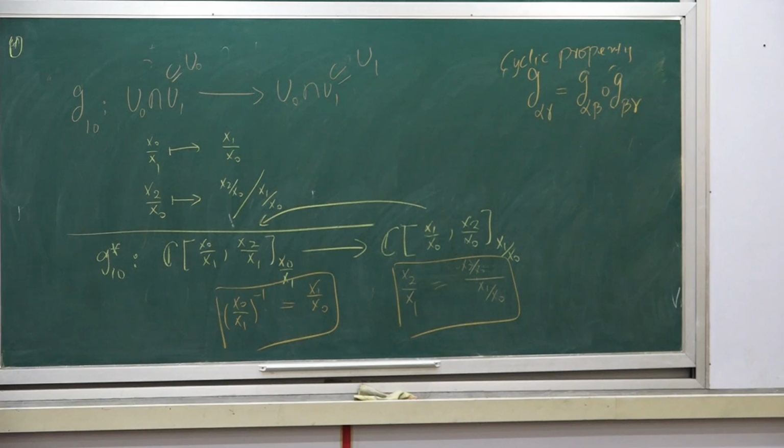Okay. So an abstract variety is a variety which locally looks like an affine one. Okay. And on the intersections, it translates via these transition functions.